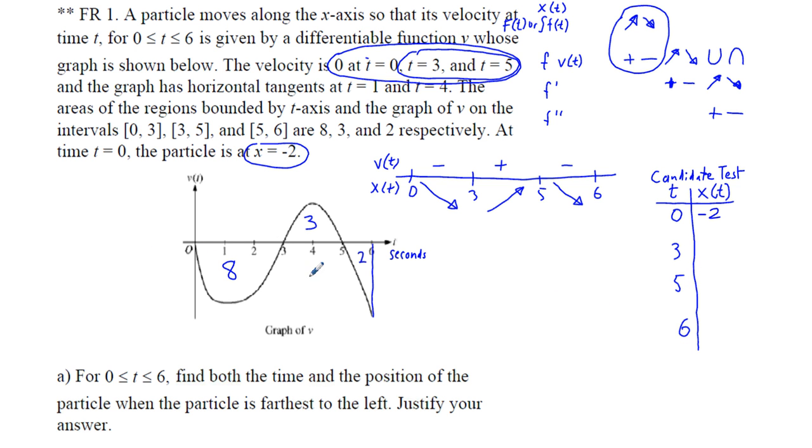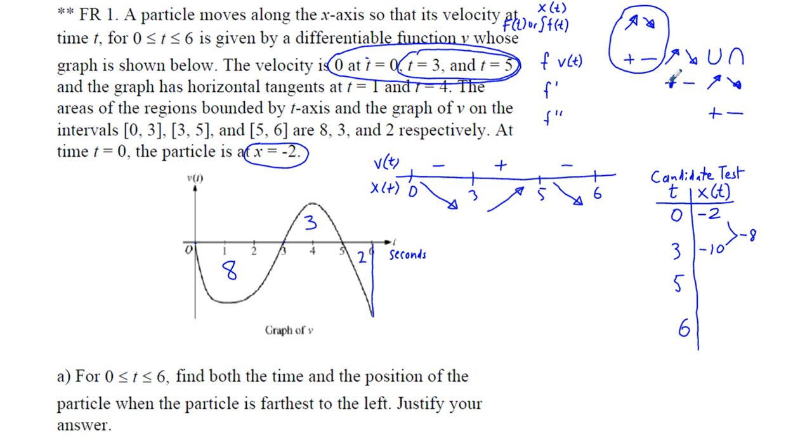Starting at 0, where t equals 0, x of t is -2, given to us as what we call an initial condition. Is v of t negative or positive between t equals 0 and t equals 3? Negative. So x of t is decreasing, and it is decreasing by 8, so -2 minus 8 is -10. Next, between t equals 3 and t equals 5, is x of t increasing?